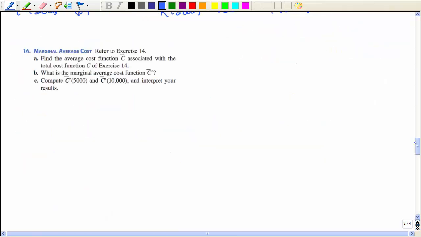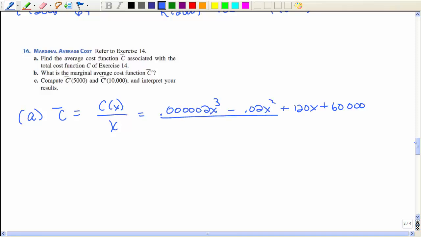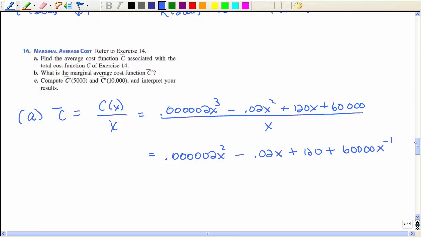Now this is asking us to refer to the last exercise, so it says to find the average cost. Remember, the average cost is just the cost function divided by x. So that cost function is all of that divided by x. Now I would go ahead and reduce that, and I'm going to write this as x to the negative 1.